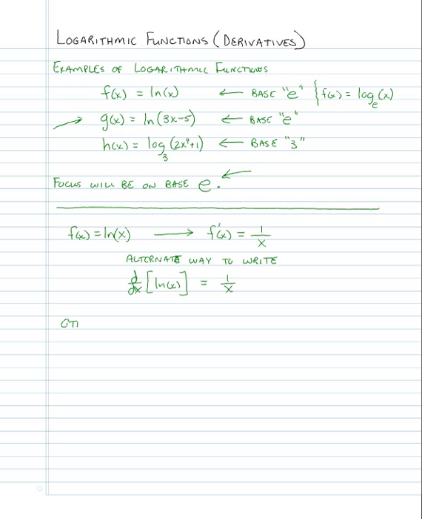So, for the other example we have above, g of x equal to the natural log of 3x minus 5, this doesn't tell us how to do that. This is not enough to decide what the derivative is.